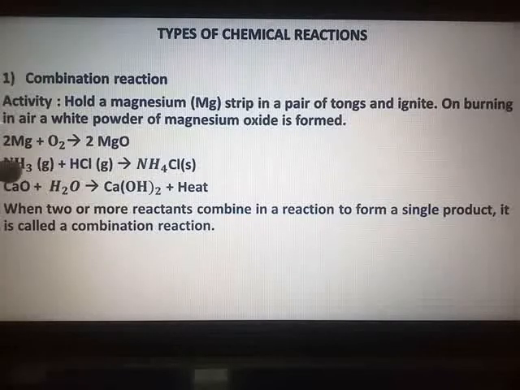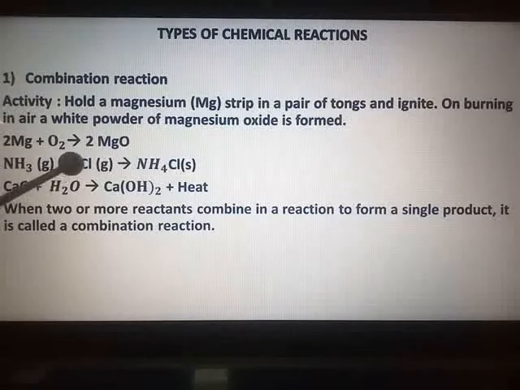Second example, if you see, NH3 is ammonia when it combines with HCl. So here if you take a small amount of hydrochloric acid in a test tube, that is HCl, and heat the test tube. Then you dip a glass rod in the ammonia solution, that is NH3, and hold it on the top of the test tube. What you will see? You will see a white smoke from the tip of the glass rod. So what is that? Due to heating, what happens?